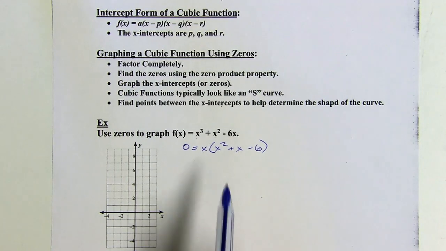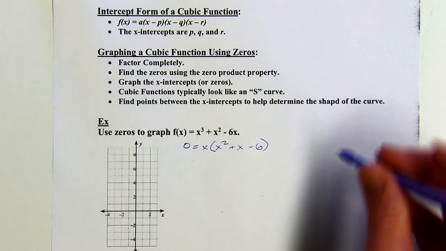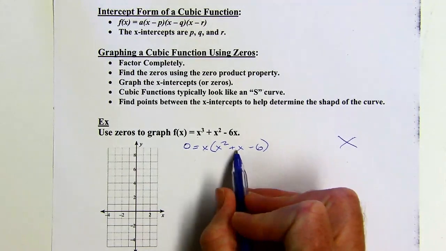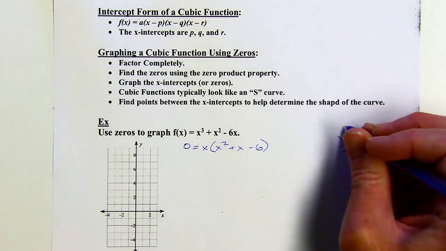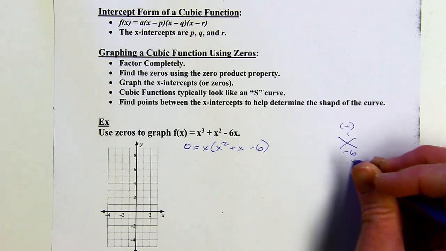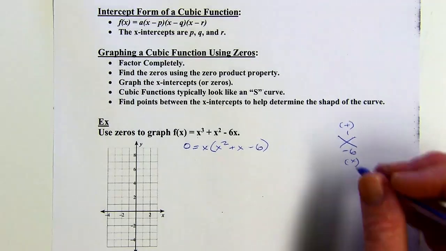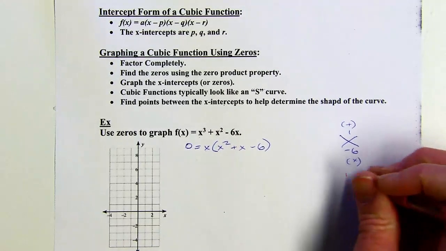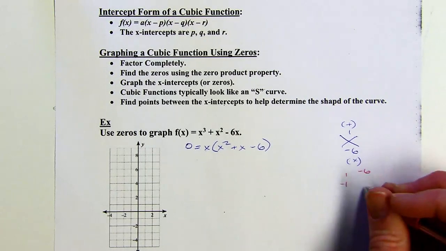Okay, but I want to keep factoring this, and I can still factor this trinomial. So I'm going to use a diamond problem here. I'm going to use the b, which would be 1 from right there, and the c is negative 6. So I'm looking for two numbers that add to 1 and multiply to negative 6. So I'm just going to start brainstorming here. Let's see. To multiply to get negative 6, I could do that, but that doesn't add up to 1.